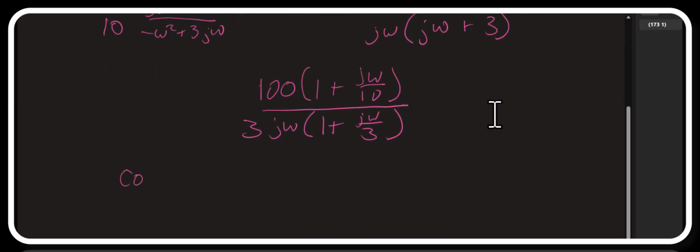So my constant is 100 over 3. And then what are the other parts of this one? So what do I have from the top term?